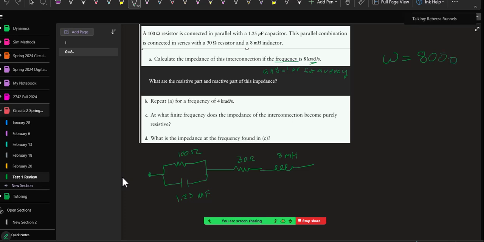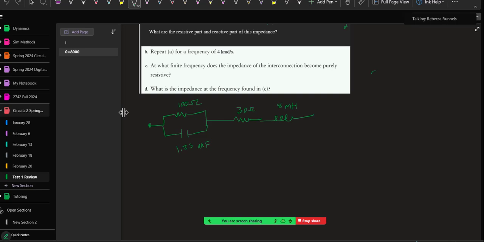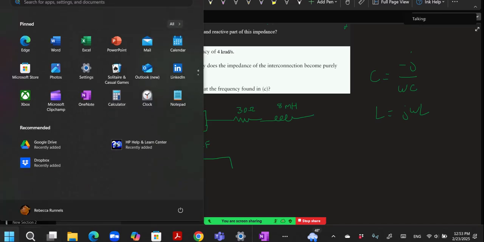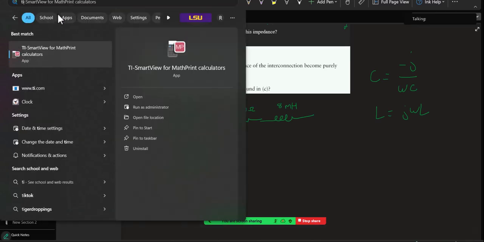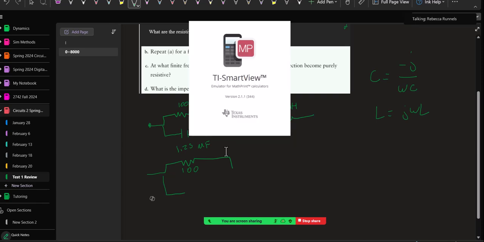so the angular frequency is really 8,000. Okay, so now I need to convert these, and I know a capacitor is minus J over omega C, and an inductor is J omega L. So then this becomes 100, the resistor doesn't change, and 1.25 microfarads is 1.25 times 10 to the negative 6.